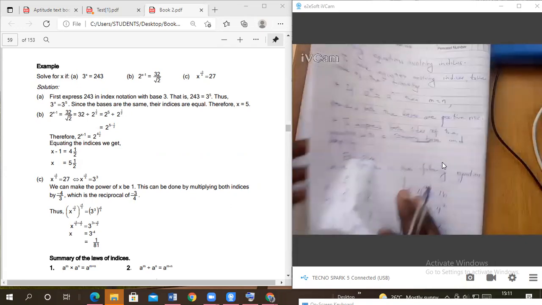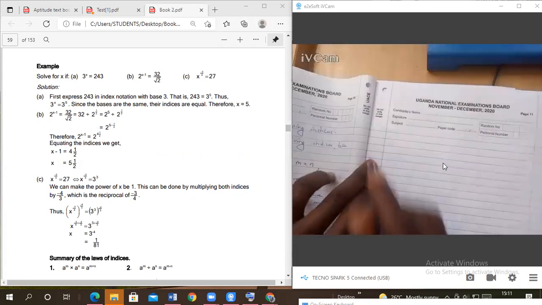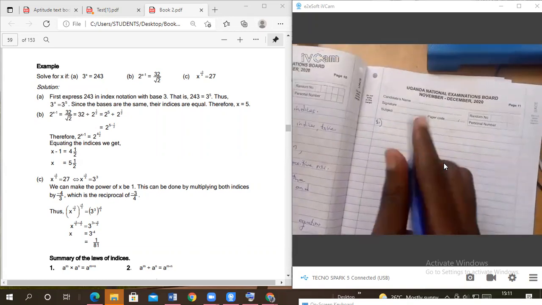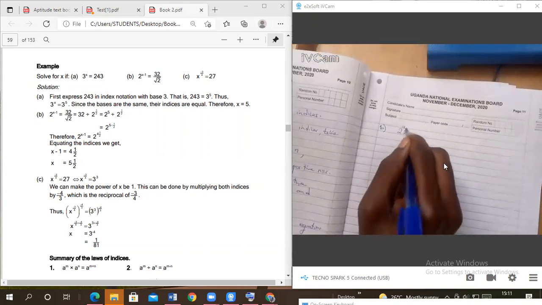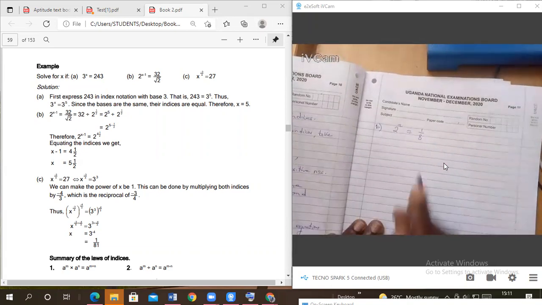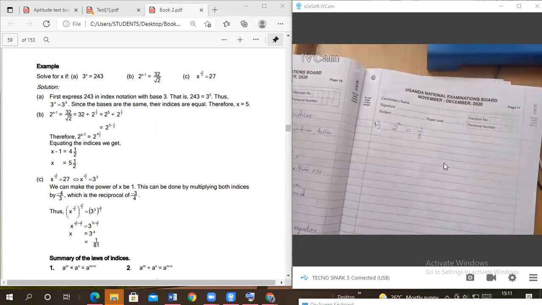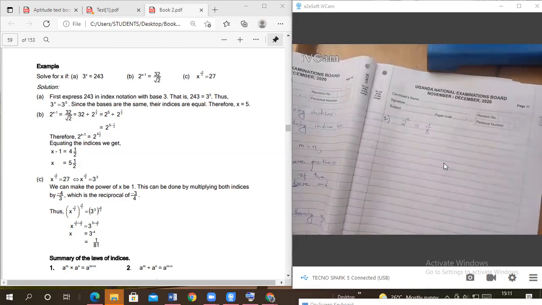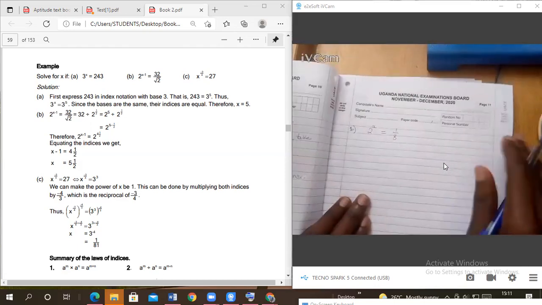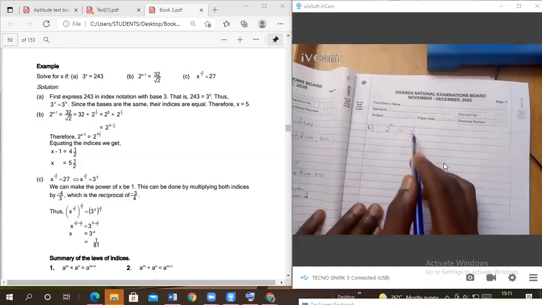Now let's go to B. In B, we have 2 to the power x equals 1 out of 8.